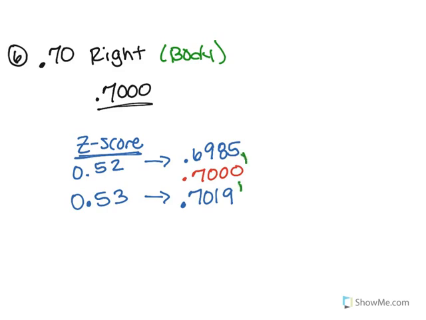So we would look at our difference. 0.6985 would be like a 15 number difference. And 0.7019 is a 19 number difference. So we're obviously going to go with 0.6985's measurement because it will be closer. So we're looking at the z-score 0.52.